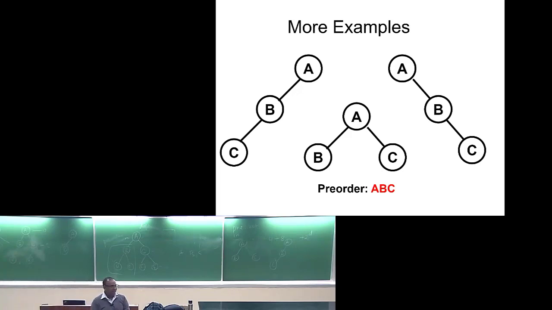So you can have right child as null or left child as null. So all these 3 are in fact binary trees. Got it? Because look at the sense of direction. You should have a left or right child. And interestingly, in all these 3 trees that you're looking at, their pre-order traversal is A, B, and C only. This is not unique to pre-order traversal. Same thing you can try with the post-order and in-order also.